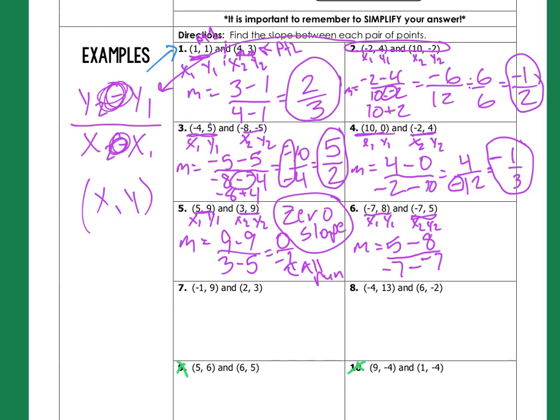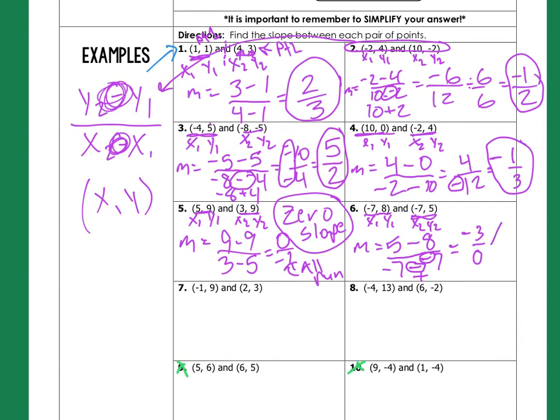Pay attention to those negatives because we are always subtracting. If we have a negative number here, you know what that means. It's going to become a plus. 5 minus 8 is negative 3. Negative 7 plus 7, that is so crucial, is 0.